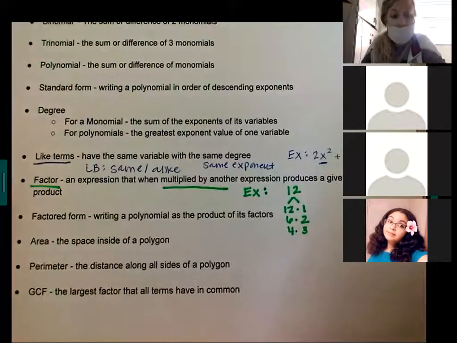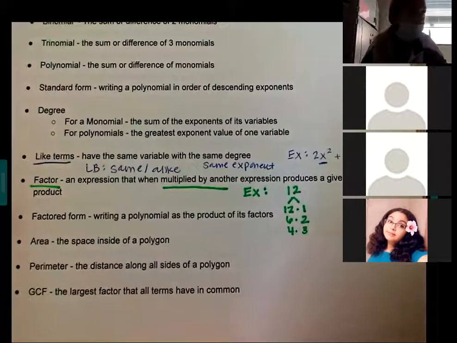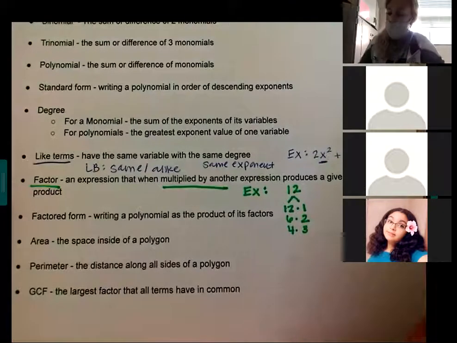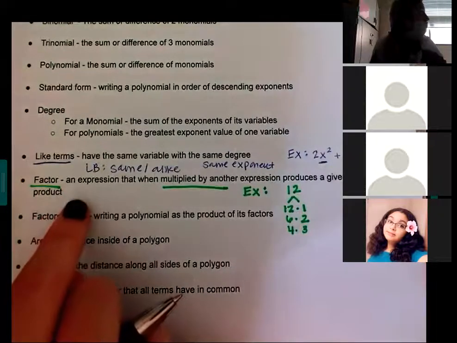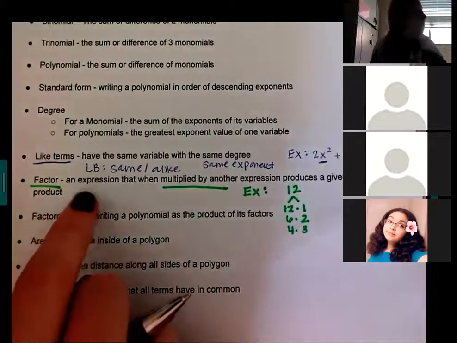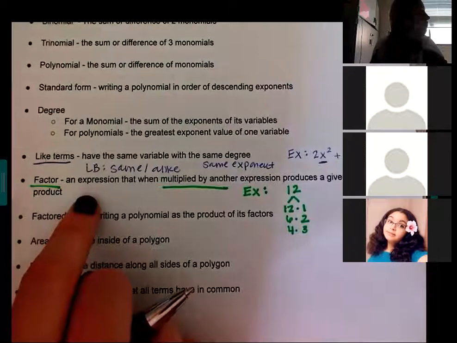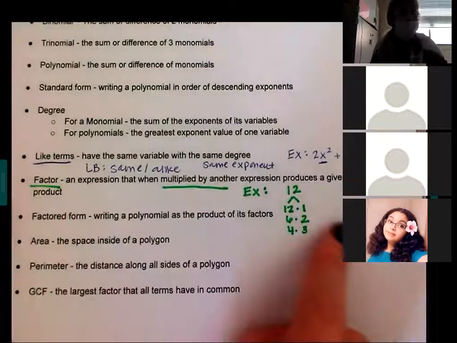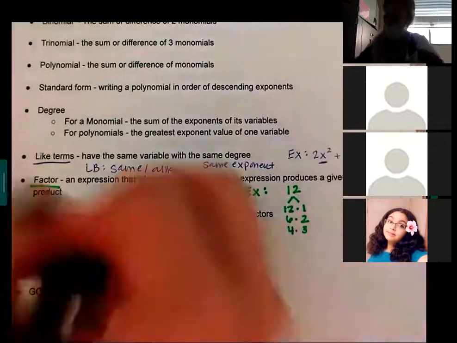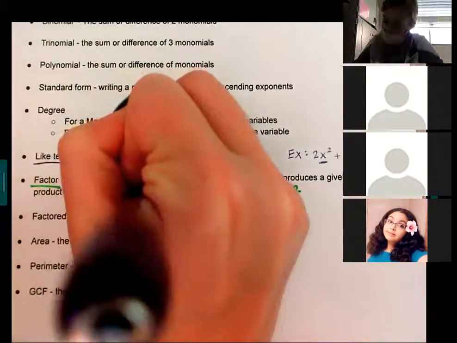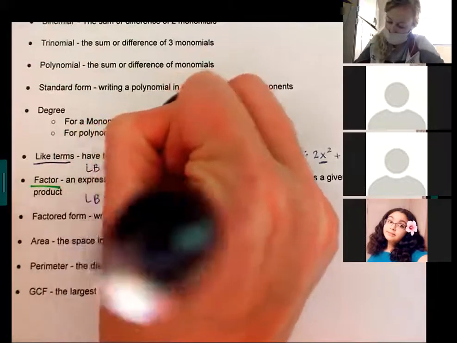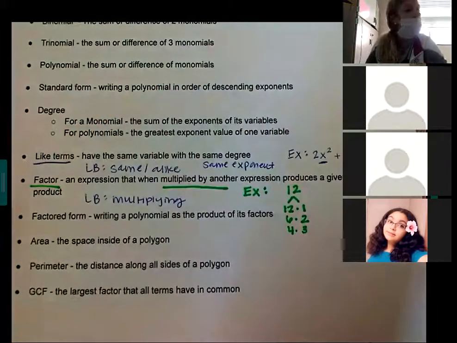It is not another definition, and it's not another example. It's a synonym. So Jordan, can you think of a synonym for factor for me? What's a word that would make you think of the word factor? What are all of these doing? Yeah, so for factor, the light bulb word could be multiplying. Anybody have a different one we could use?